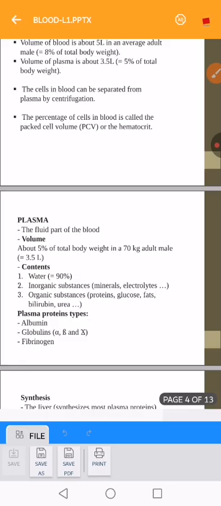Organic substances like proteins, glucose, fat, bilirubin, urea. We have many. Any organic substance you hear about in investigations, in the introduction of the physiology, is found in blood. Anything in our body, we find it circulating in the blood.